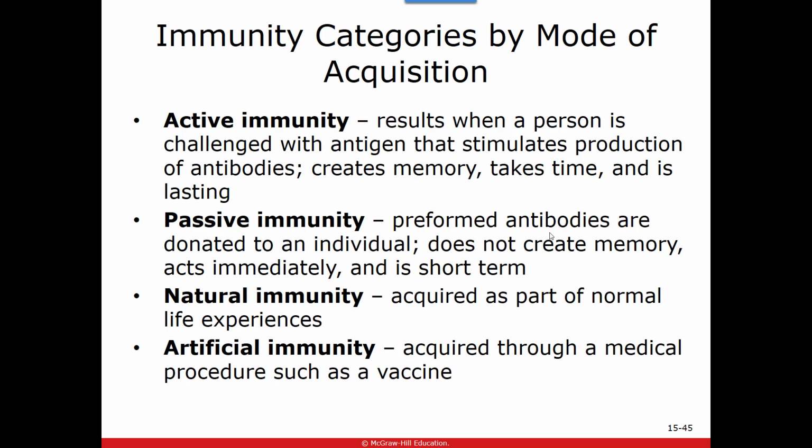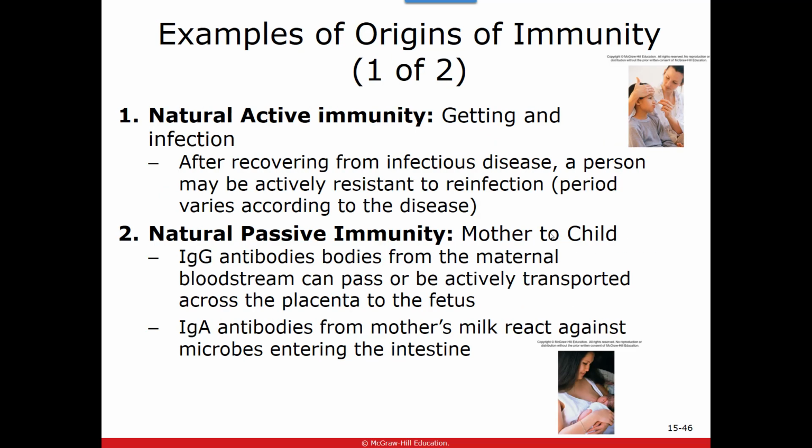Now, we can put those words together, natural and artificial with active and passive, as examples of where we get all of our immunity. A natural active immunity is something you acquired in your daily life and you developed your own immune system response to it. Natural because you acquired it along your everyday life, and active because you made antibodies.